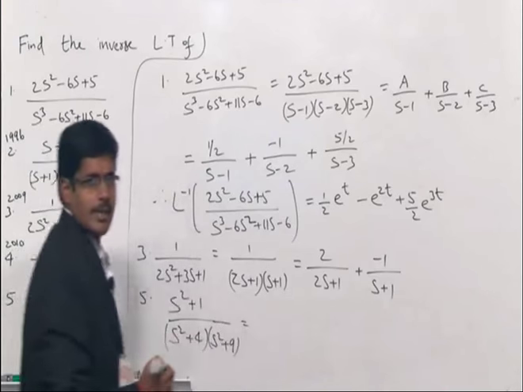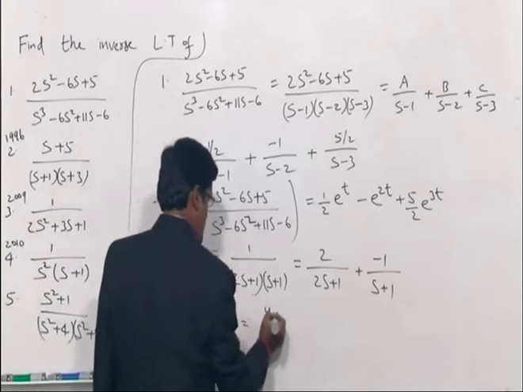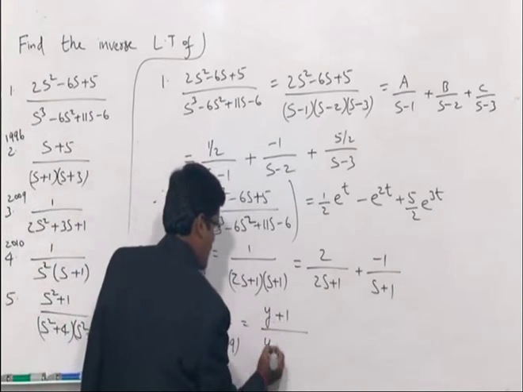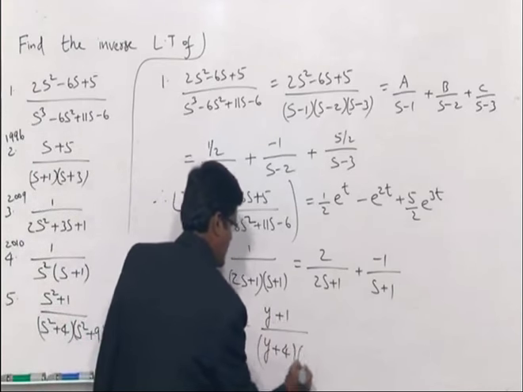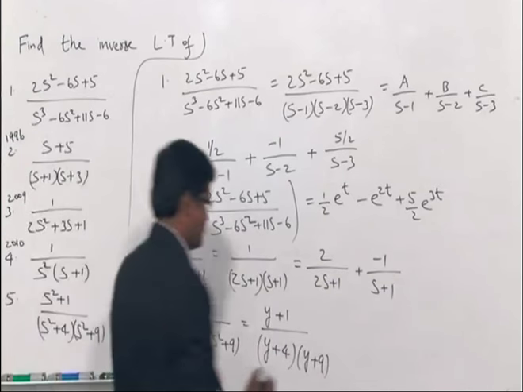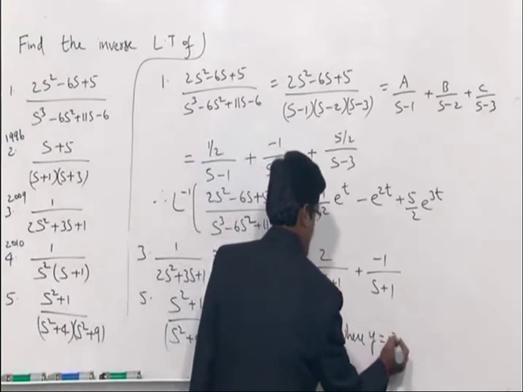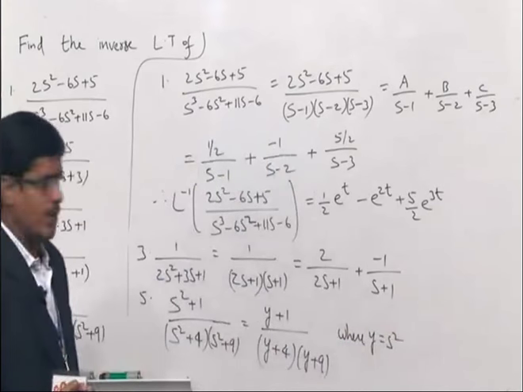So this can be written as y plus 1 divided by y plus 4 into y plus 9, where y is equal to s square.